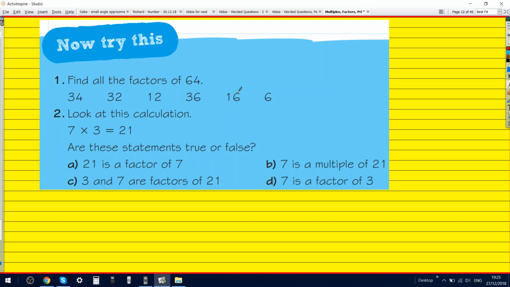In 60, that's 10. And can you get another 6 in? No. And so that means it doesn't go in evenly, so it's not in the 6 times table. So that's not a factor.